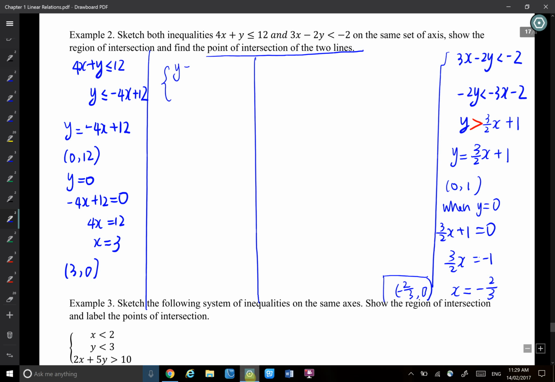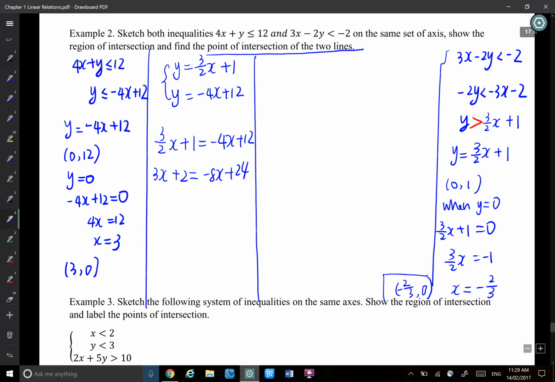We have y equals to 3 over 2 x plus 1, and we have y equals to minus 4x plus 12. So I'll make the two sides equivalent. Do substitution. And I'll times 2 on everything. So that's 3x plus 2 equals to minus 8x plus 24.